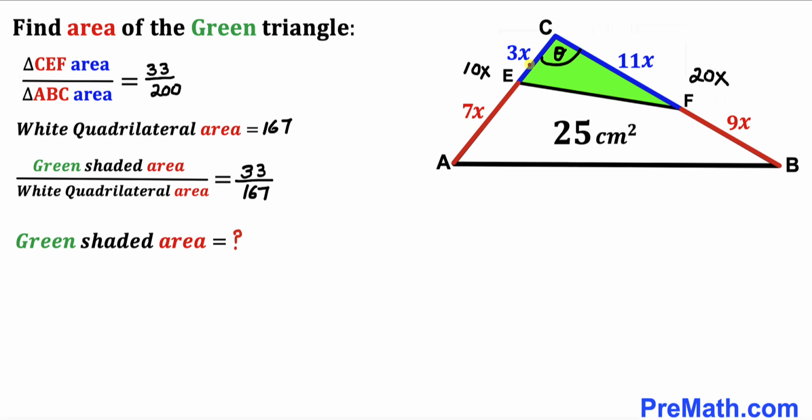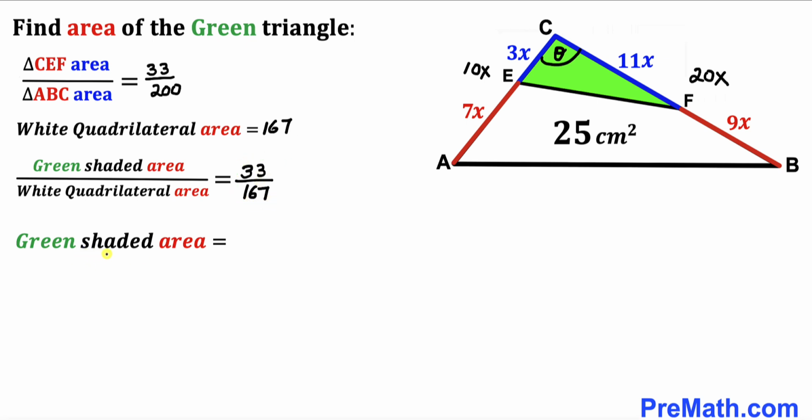Now we are going to calculate the area of the green shaded triangle CEF. The area of the white quadrilateral BAEF has been given as 25 cm², and here's our required ratio.